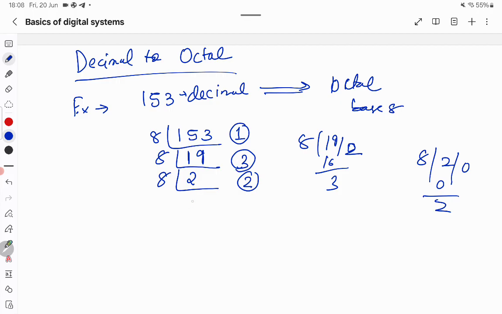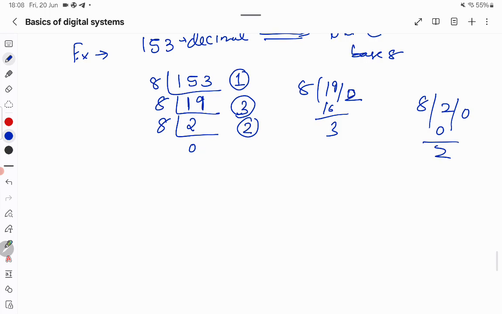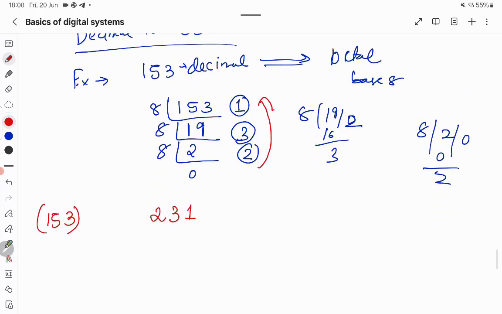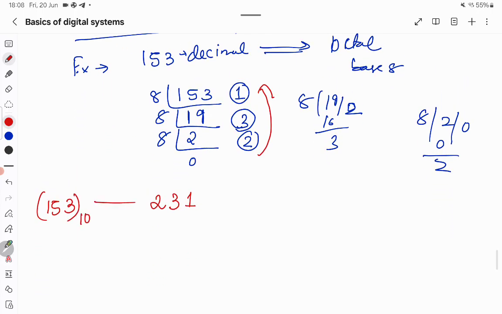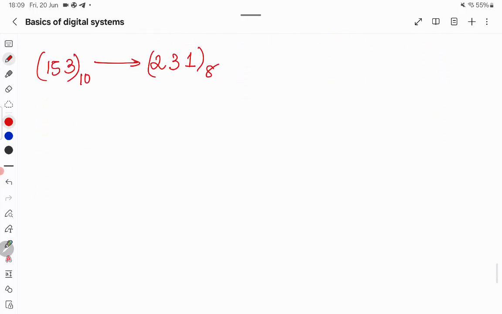We have to go from the back end to the top, so the remainders are 2, 2, then 3, then 1. So the octal representation of decimal 153 is this, you write base 8.